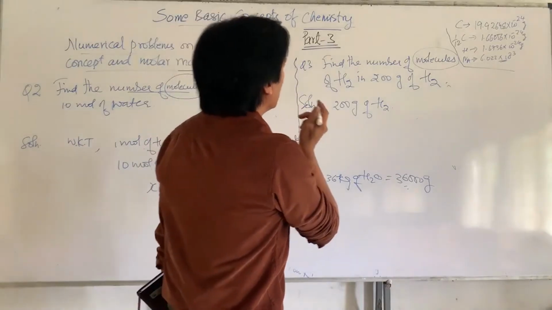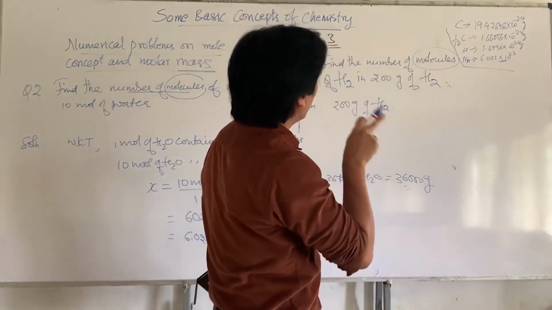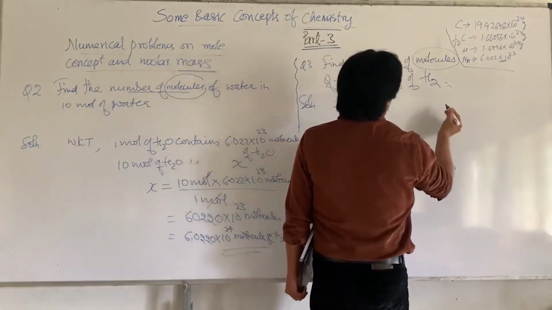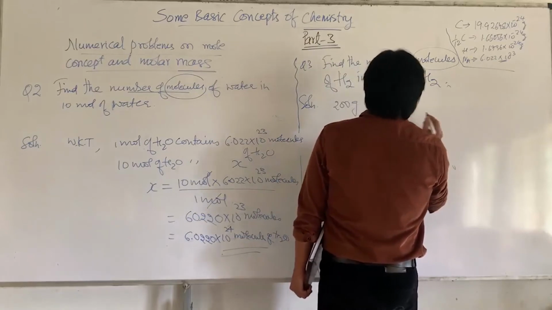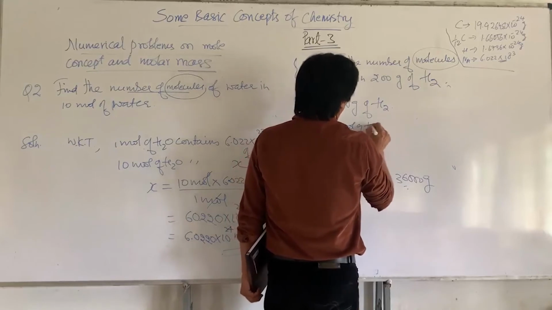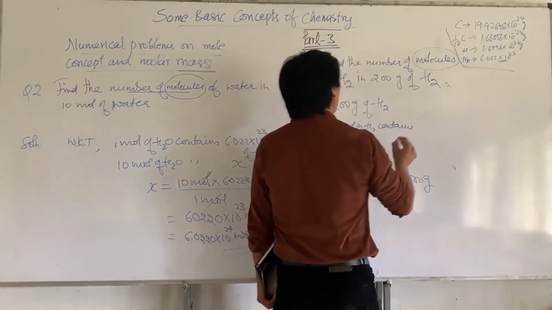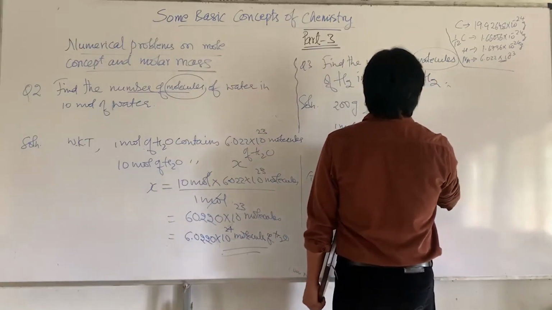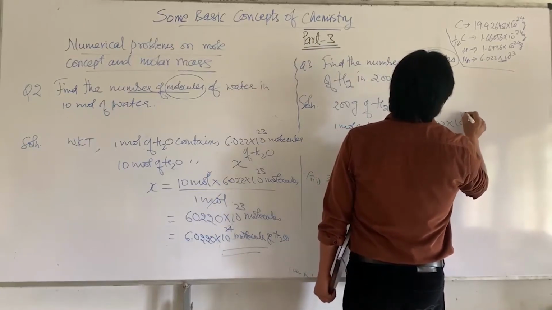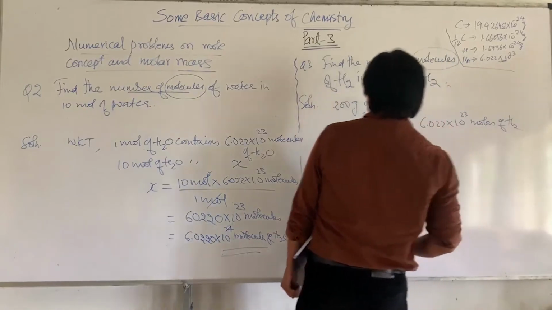Now, as far as dihydrogen is concerned, you know that 1 mole of dihydrogen contains how many? It is again the same number, 6.022 into 10 raised power 23 molecules of dihydrogen.